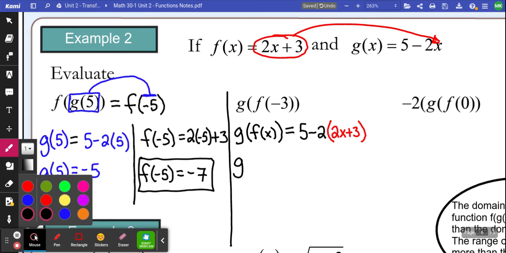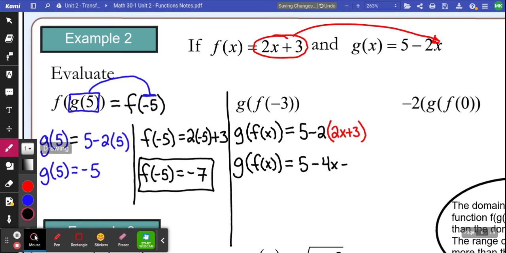This means g of f of x is 5 minus 4x minus 6. So g of f of x is -4x minus 1.